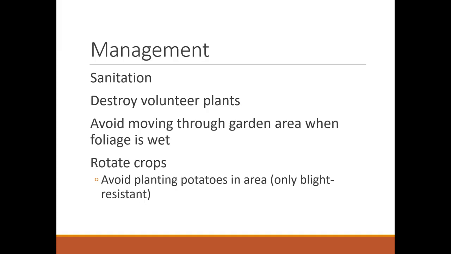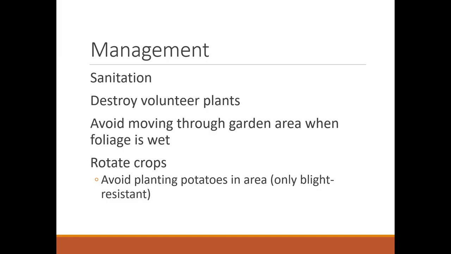Management includes sanitation, destroying volunteer plants. If you've grown tomatoes in your garden, you know that quite often you'll see some seedlings come up in the spring. You might want to remove those. Avoid moving through the garden area when the foliage is wet, because you can be a vector for this.